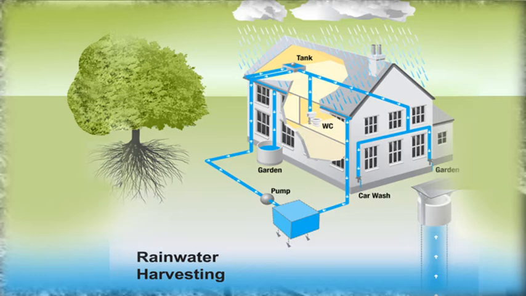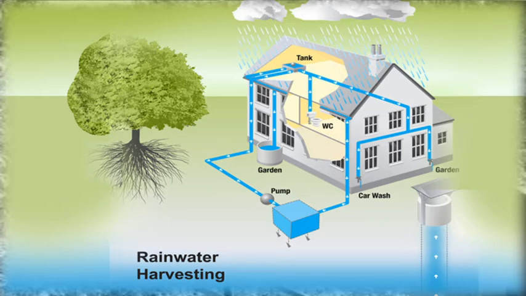Rainwater is very important because, number one, it could be used during the dry seasons. Number two, the rainwater which flows into the drains without any use could be used for mankind's purposes by applying this method.